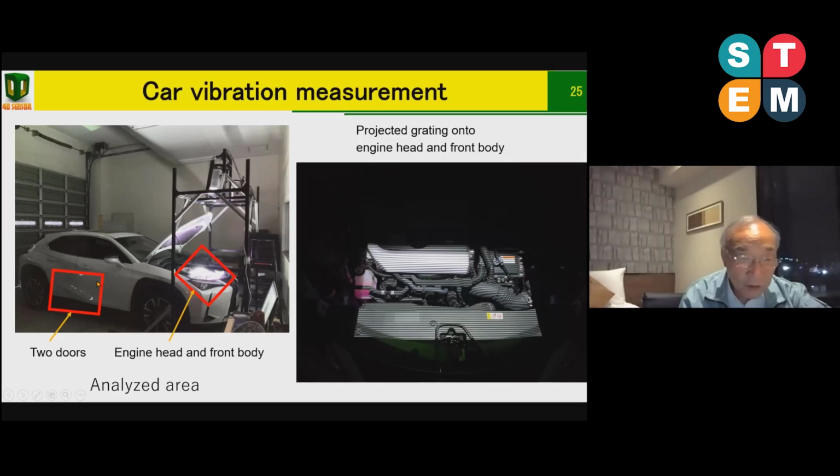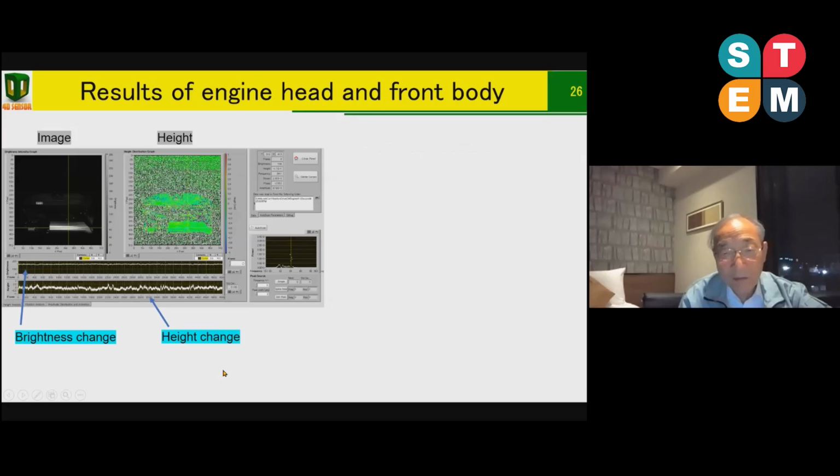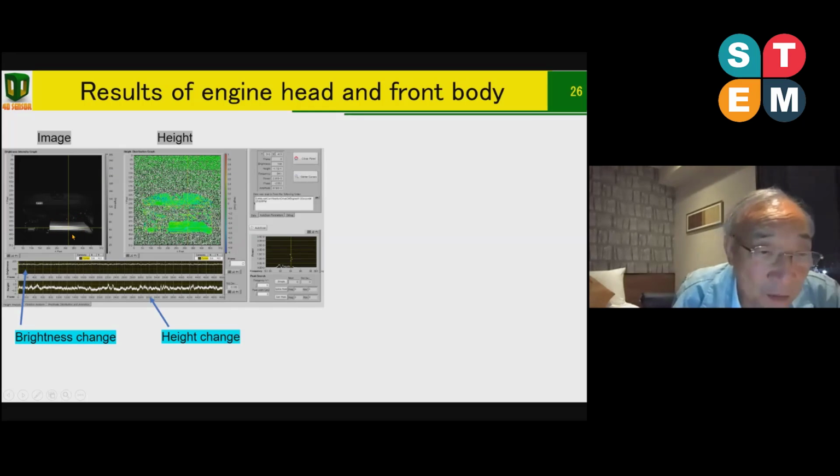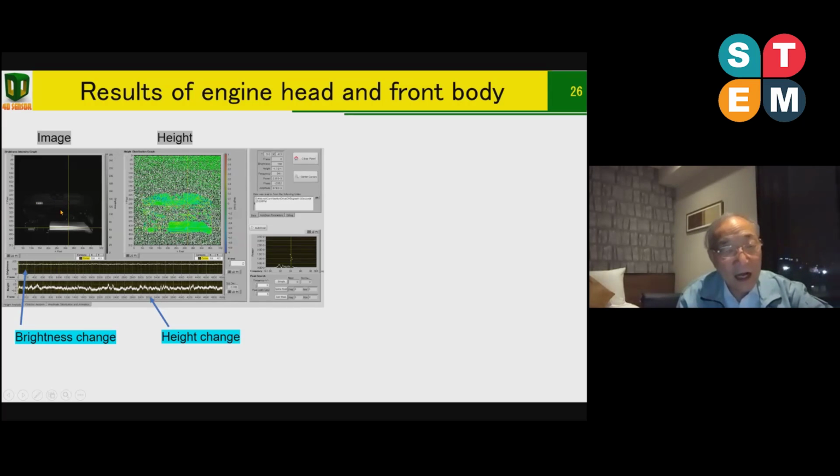And also we projected the grating on the two doors, the front door and the backside door, and analyzed the vibration. This is the grating image. The brightness in this PowerPoint is not so good, but we can obtain the fringe pattern here and here.